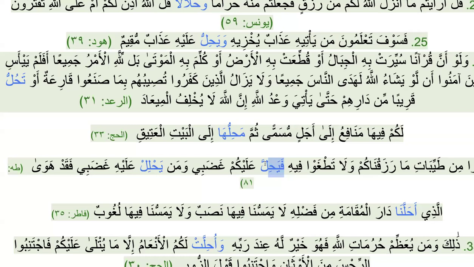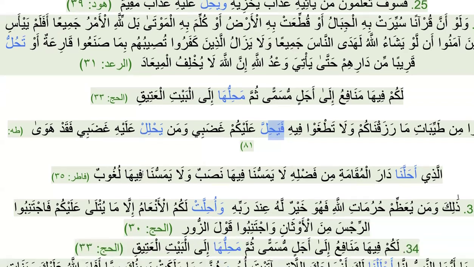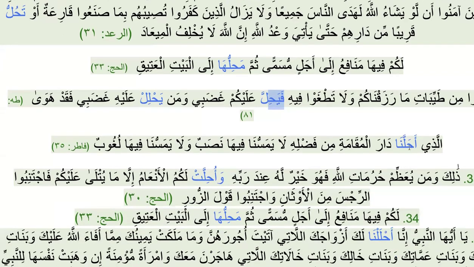In case of your fi'l mudari, in case of yahlil, man yahlil, coming from daraba clan, yadrib. Is there any application of a rule? There is no application of a rule. It's plain and simple. Ahallana. Do you see any application of a rule in the word ahallana?